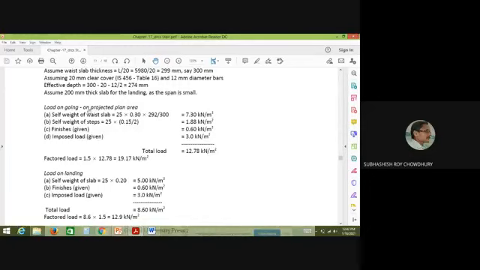Whatever self-weight you are considering, that is inclined. So you have to multiply this with a factor which is basically the ratio of the inclined dimension of the step and the horizontal projected dimension of this one.